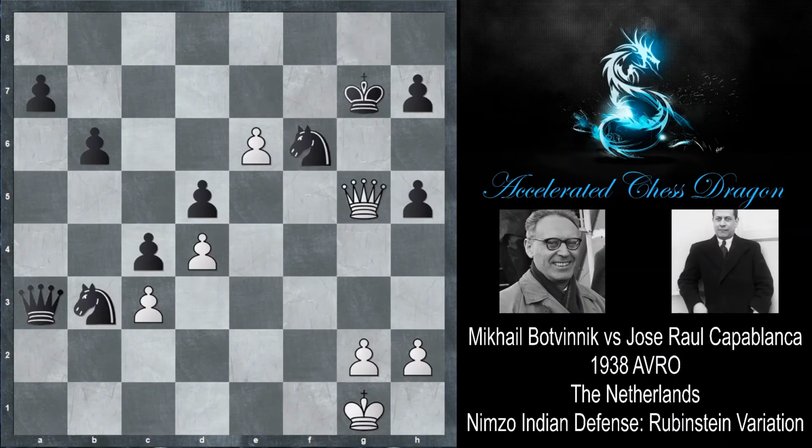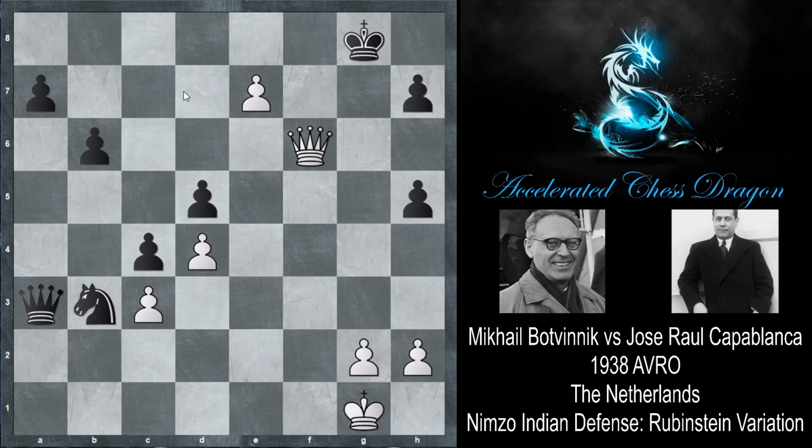So, after queen g5 check, king f8. And now, Botvinnik captures the knight on f6. And this is where Capablanca is forced to go to g8. Because going to e8 will just lead to checkmate after check, and then checkmate. So you must go to g8. But now, e7, and that same idea, it's just transposed.